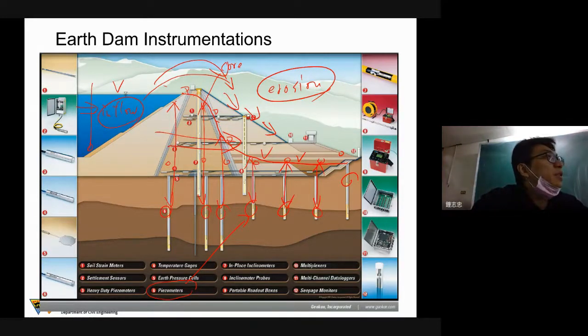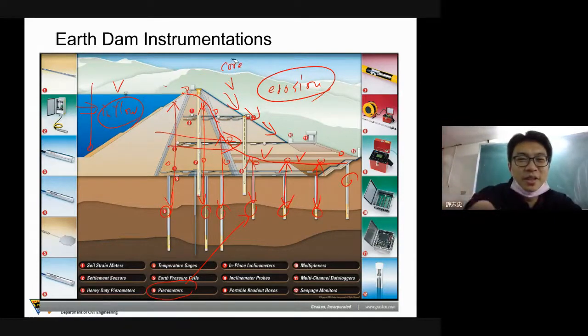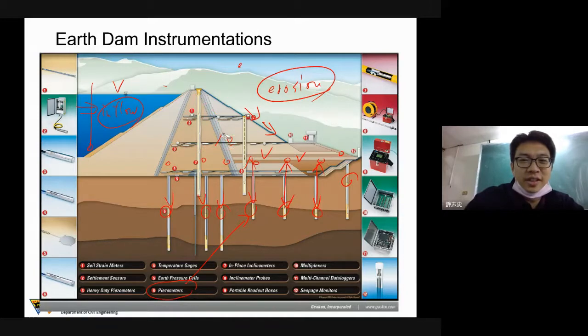If you are in charge of building this kind of earth dam, any idea? No idea. Okay, let me give you a very quick hint.